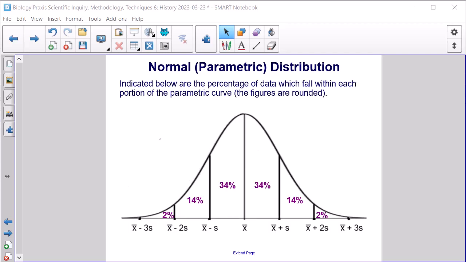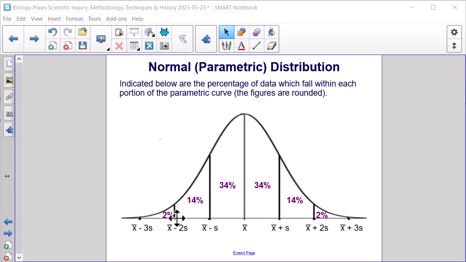Indicated below are the percentage of data which fall within each portion of the parametric curve. In this case, the figures are rounded. So you can see that 34% of the data lies within 1 standard deviation of the mean. Between 1 and 2 standard deviations of the mean is 14%, so that all of the data here encompasses 48% on one side and 48% on the other.